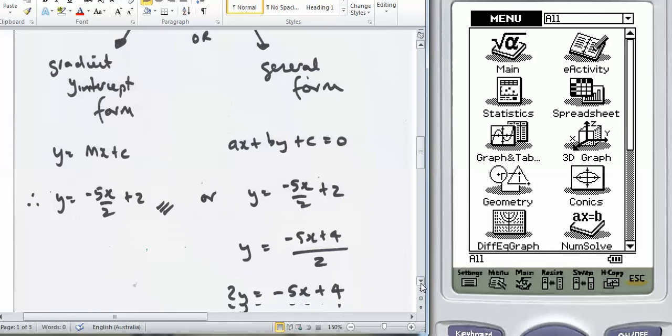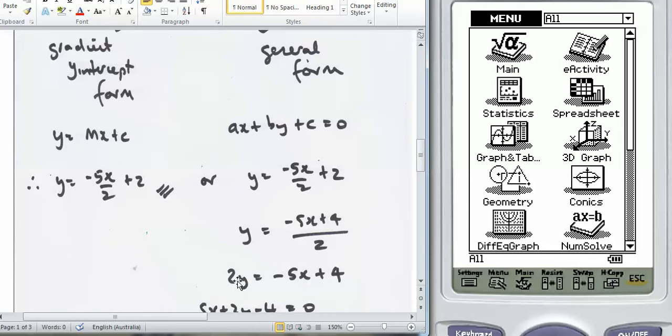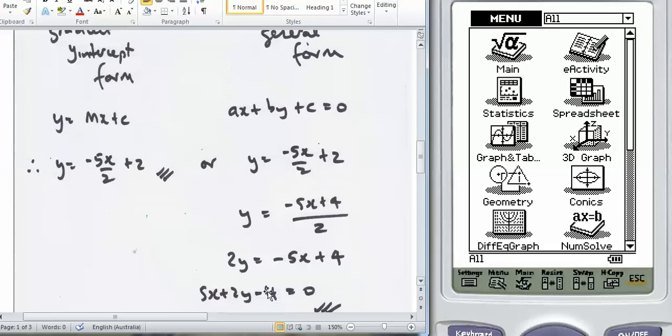I then multiply both sides by 2, so I have 2y = -5x + 4. And then I can move everything to the left hand side. So the general form would be 5x + 2y - 4 = 0, which is identically the same as this.